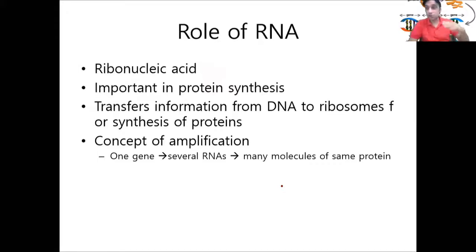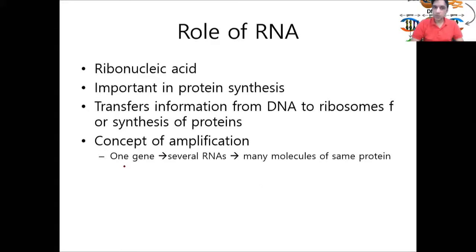This is the gene that belongs to the height of the person. These are the genes which are responsible for eye color. One gene is a portion of the DNA which carries information to produce a protein. So one portion of the DNA which can produce a protein is called a gene.